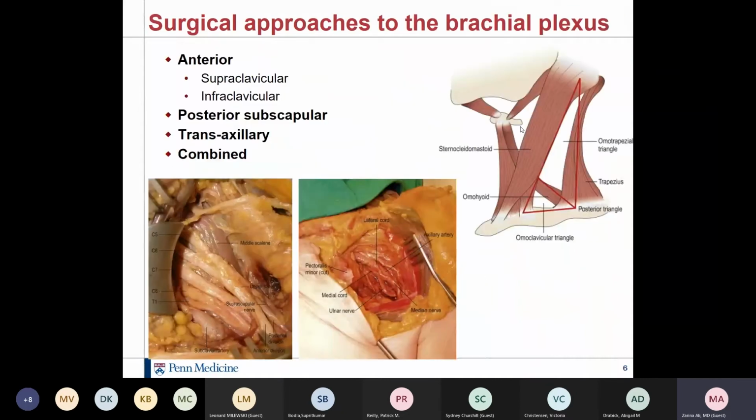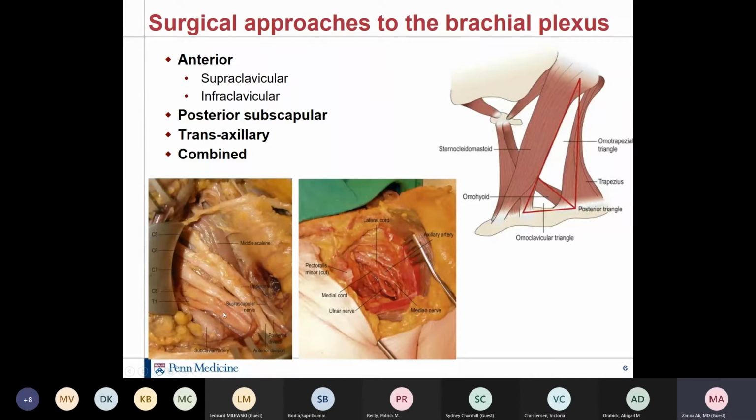So in terms of surgical approaches, we often think of a couple of different options for accessing the brachial plexus. By far and away, the major workhorse is our supraclavicular approach to the plexus, and that gives us a good view of the spinal nerves that you can see here, as well as the trunks.